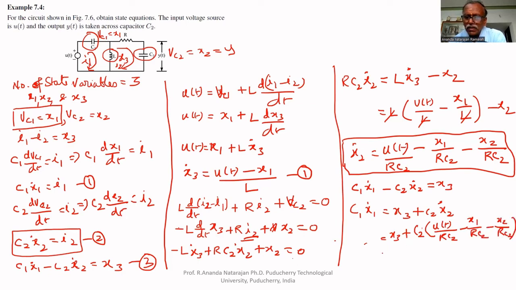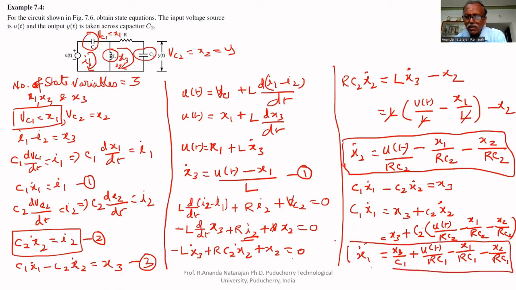Therefore, C2 is getting cancelled. Therefore, x1 dot equal to x3 by C1 plus u(t) by RC1 minus x1 divided by RC1 minus x2 divided by RC1. That is x1 dot. So we got x1 dot, x2 dot and x3 dot.